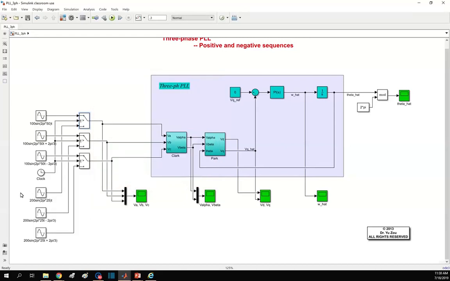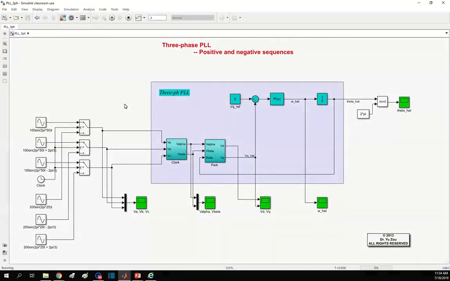Before that moment, we have this set of three-phase voltage where we can see 25 Hz frequency and positive sequence. After 0.15 seconds, we have another, different set of three-phase voltage with 50 Hz frequency and negative sequence. So we will be able to observe the frequency, position angle, as well as the sequence from the result.